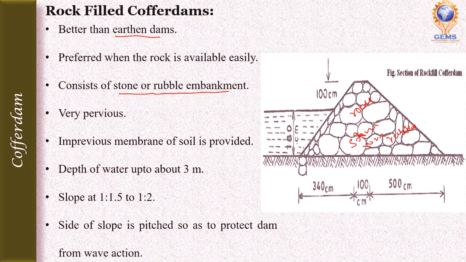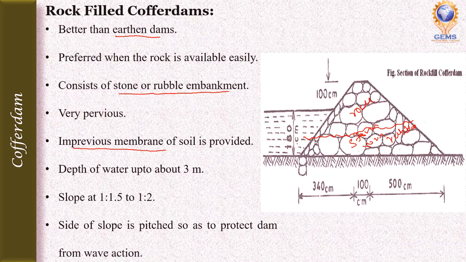The water can seep through the rock fill. To prevent water from seeping, an impervious membrane of soil is provided in the dam to stop the seepage of the water.